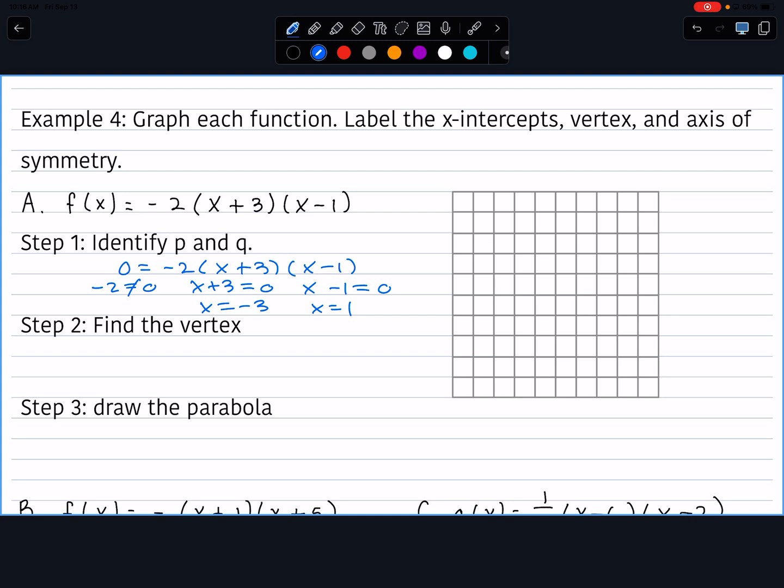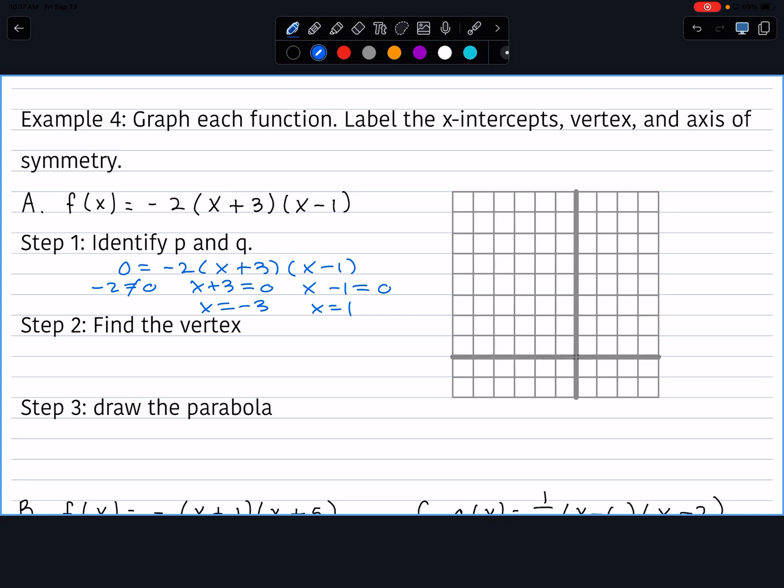So just a quick note, I'm not going to graph this, but I just want us to think for a second here. Right now what we know is that our graph is opening down, so this is going to be the highest point on the graph.